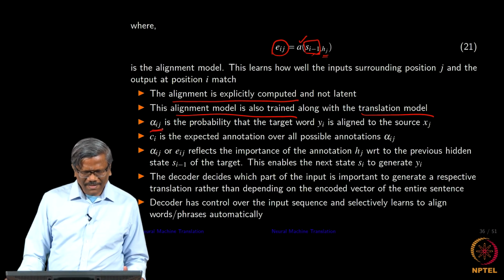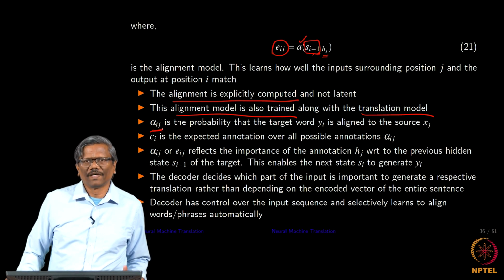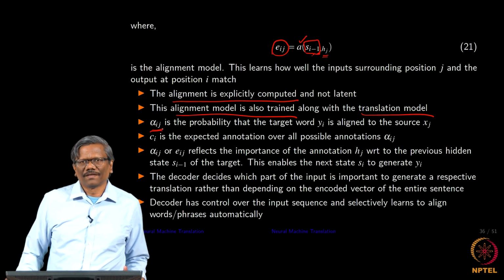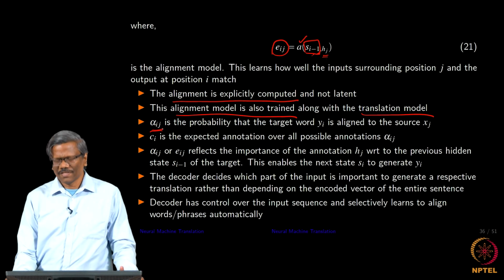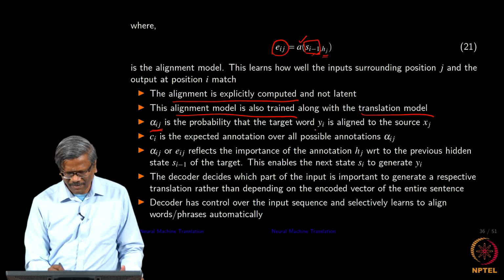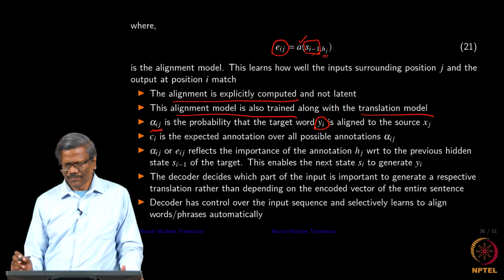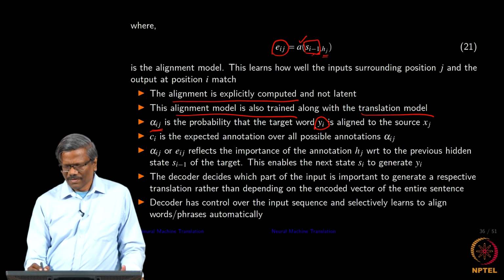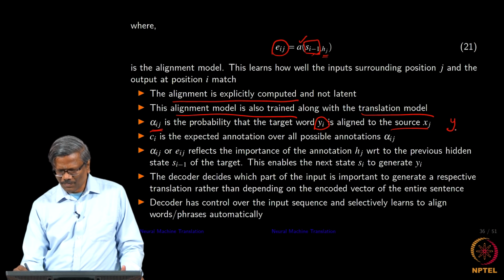So, alpha ij is the probability that the target word yi is aligned with the source xj. I am sorry, aligned with the target word y and the source. So, that means we are trying to find yi is aligned with xj.